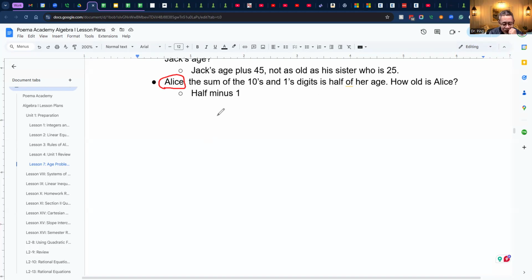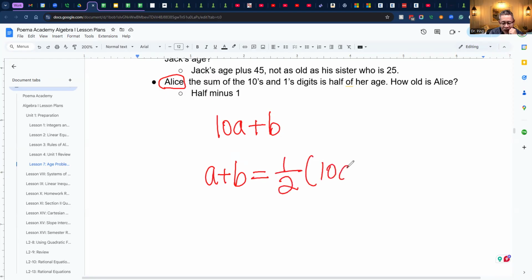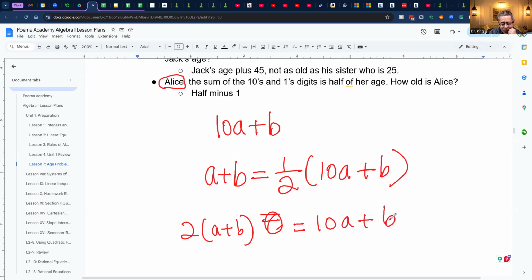So her age will be 10A, just like we did before, plus B. And they said that adding the tens digit and units digit, which is just A plus B, is half her age, half of 10A plus B. So if we times 2 on both sides, we get 2A plus 2B equals 10A plus B.